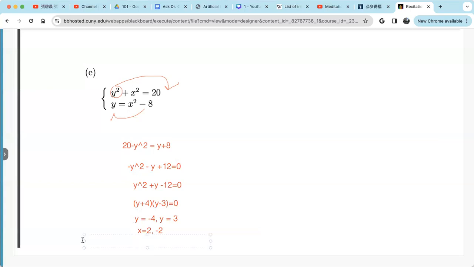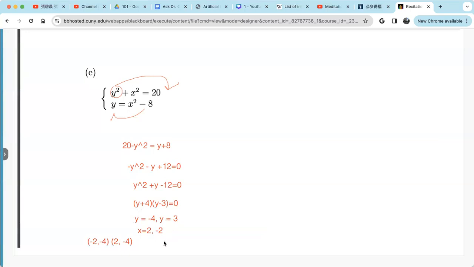So we get 2 points: -2, -4, and then positive 2, -4. Two solutions from y equals -4.